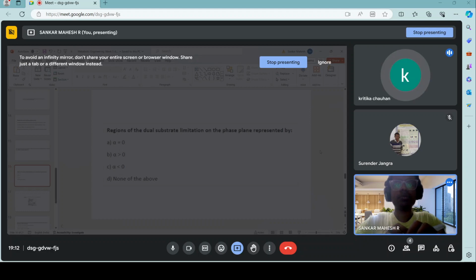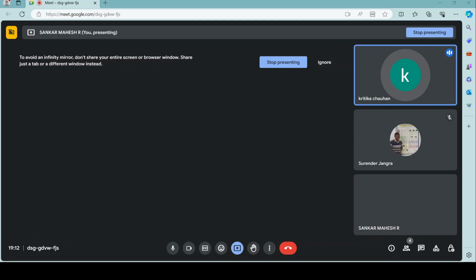Yes, sir. Like in the previous question, I said that this objective function should remain constant. So in this case, we use two variables, so that if we increase one variable, the other should be decreased to maintain the constant objective function.